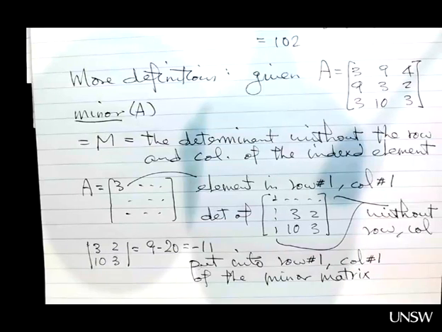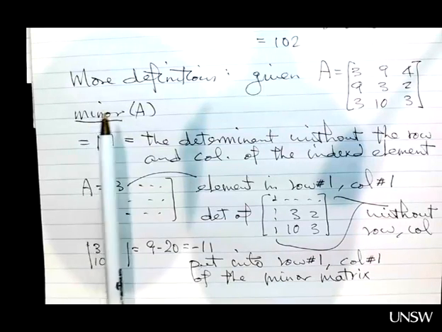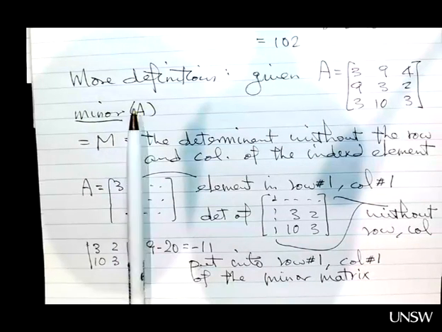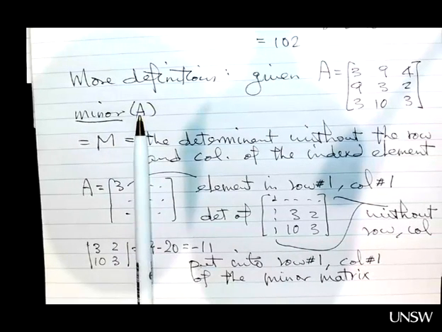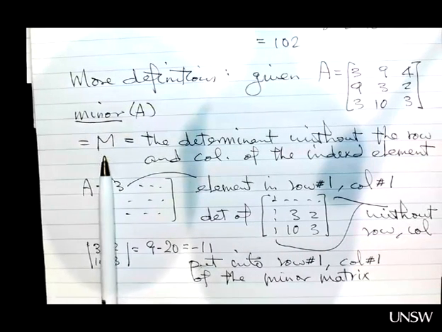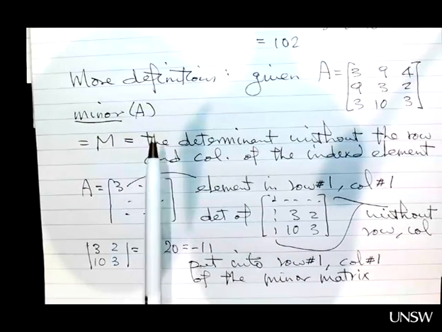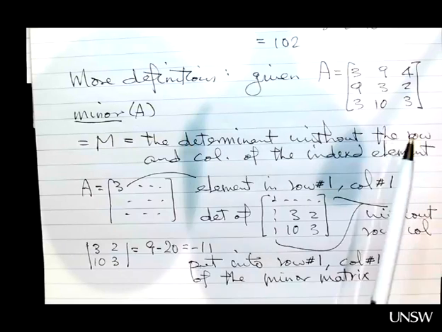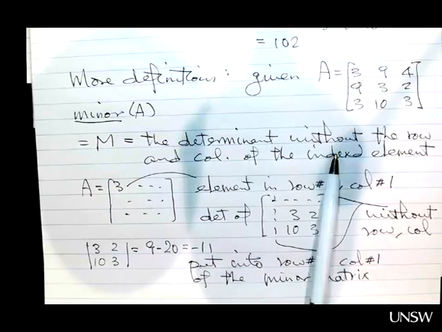So this is the definition of another matrix created on the basis of a given matrix, for example, A. Each element of the matrix M, the minor matrix, is the determinant without the row and column of the index elements.